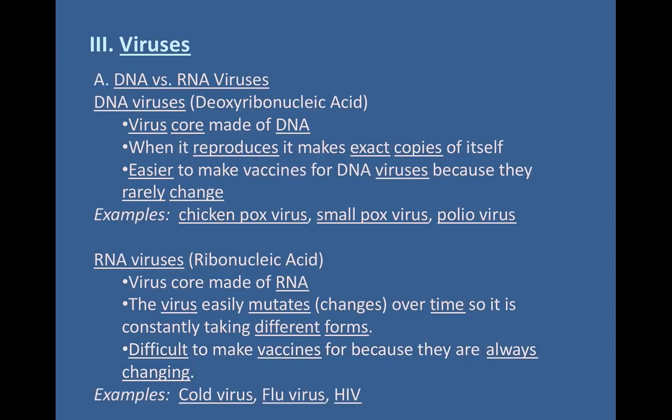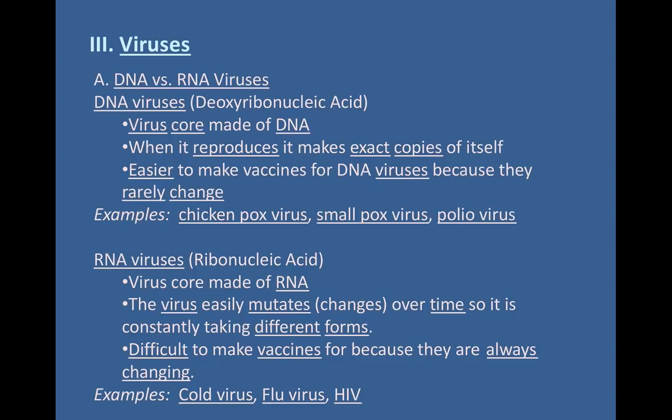And so some examples are the cold virus, flu virus, HIV. These are viruses that are changing all the time. And so you'll notice, of course, these are ones we do not have good vaccines for. We certainly try. The flu virus is one that every year they put together a flu shot. And the flu shot is really a collection of several different vaccines put together.